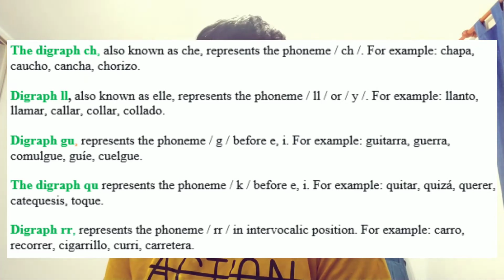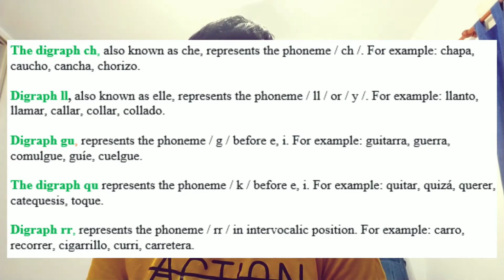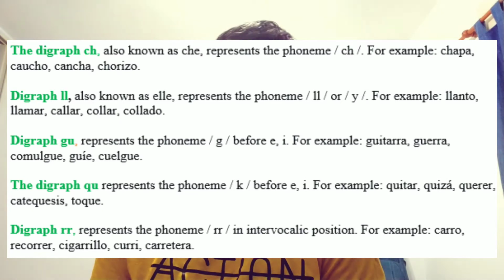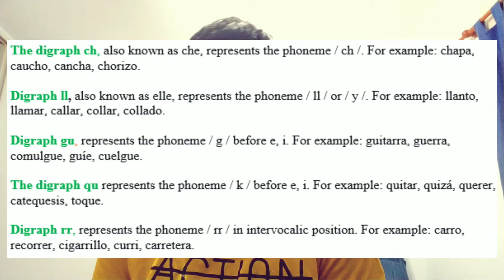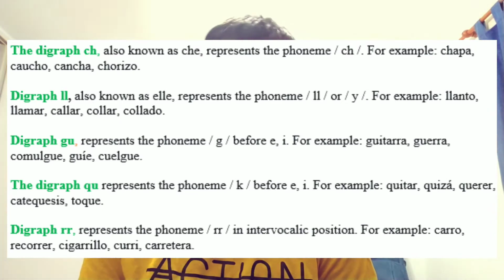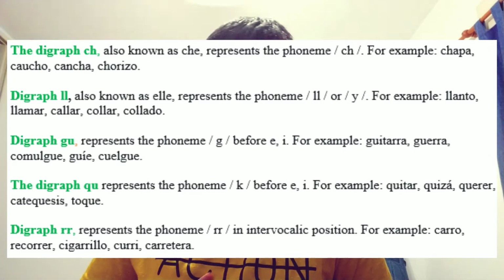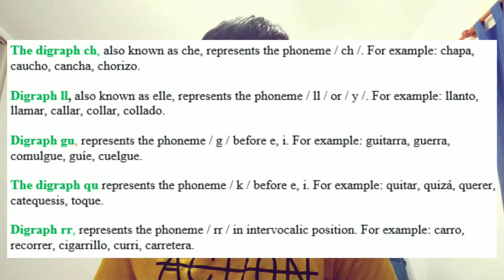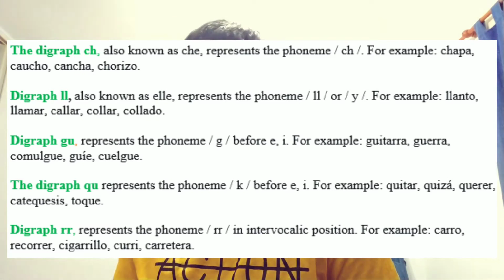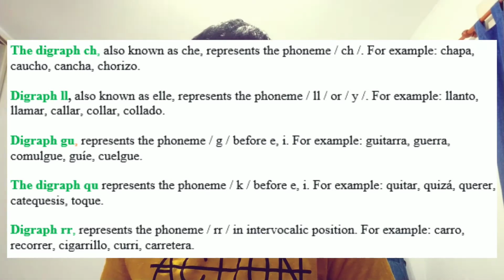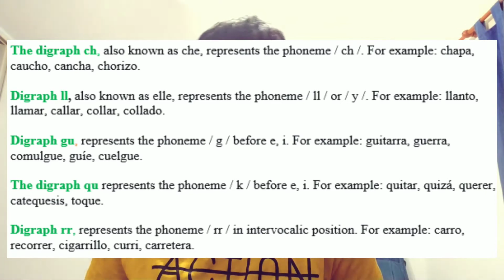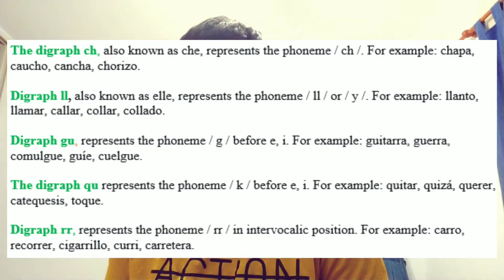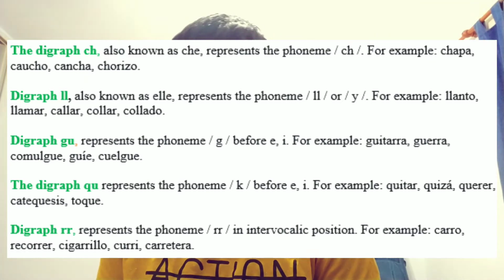We have the digraph rr, which represents the rr phoneme we were talking about, in an intervocalic position. You can use it in words like perro, recorrer, cigarrillo, carretera. You know those types of words.